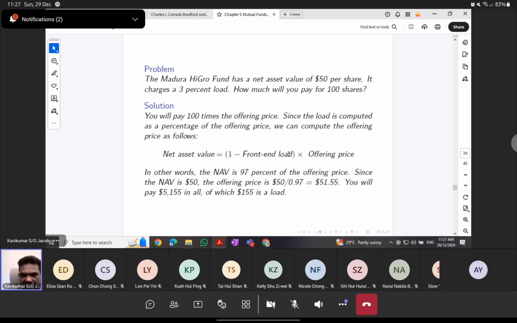Front end means you are paying up front. Because of the 3% charge, NAV is 97% of the offering price. Since NAV is 50, the offering price is 50 divided by 0.97, so 51.55.